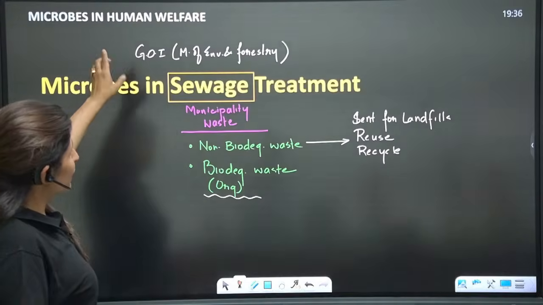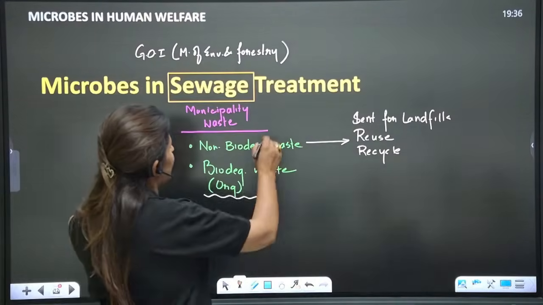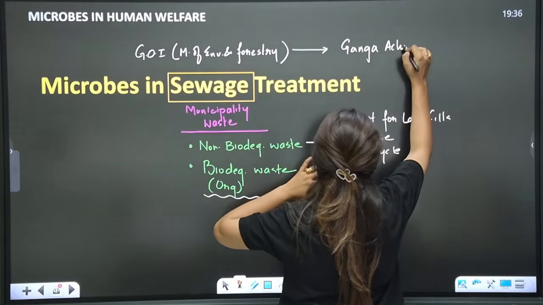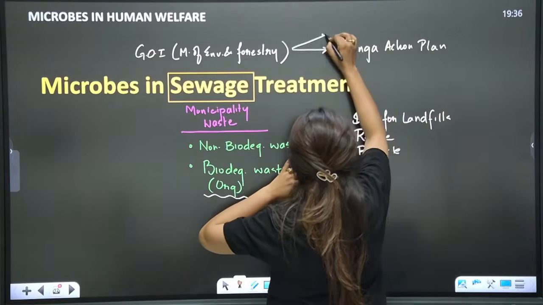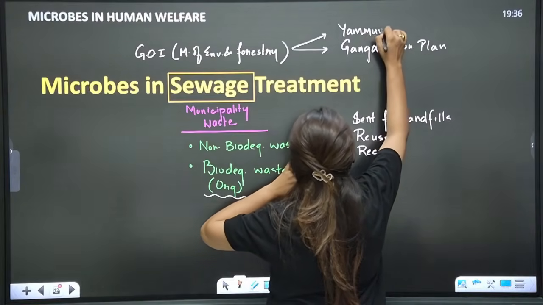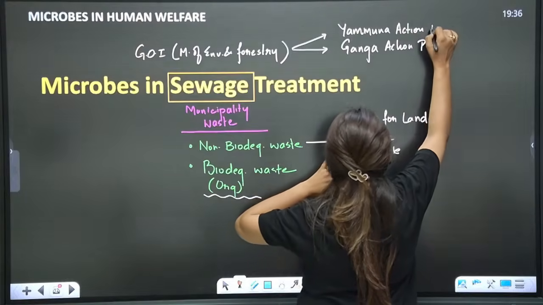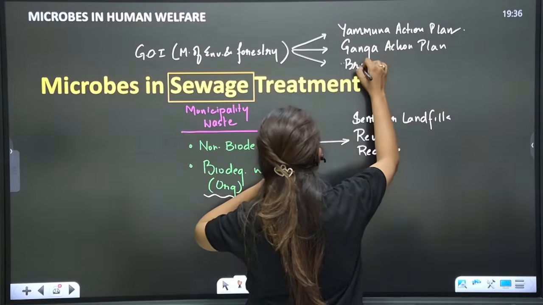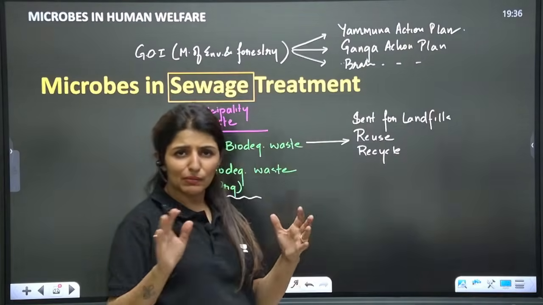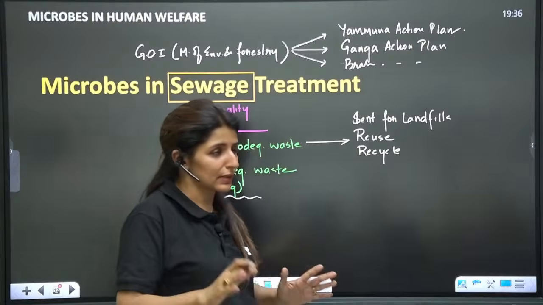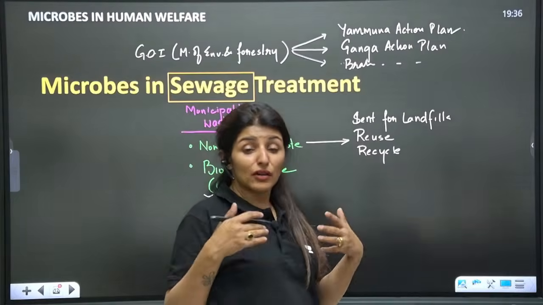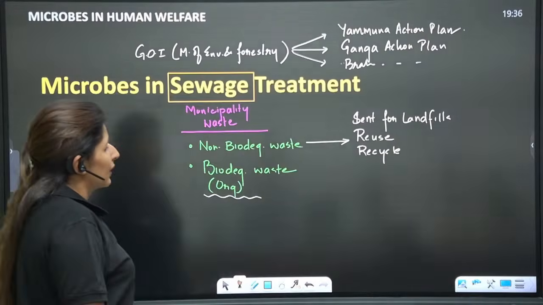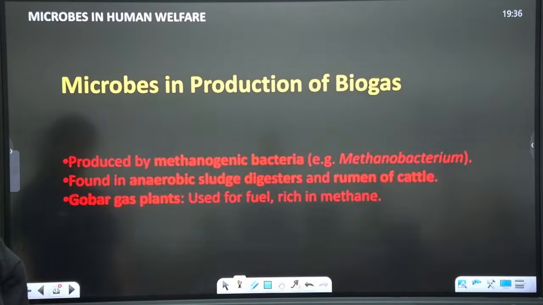So the Government of India has set up some plans like Ganga Action Plan, Yamuna Action Plan. All these action plans have been executed to save our rivers, and similarly Brahmaputra, Satluj and so on, right? So we have action plans for all the major rivers passing through big cities. If a city is large enough like Delhi, there'll be more than one STP also. Are we clear?